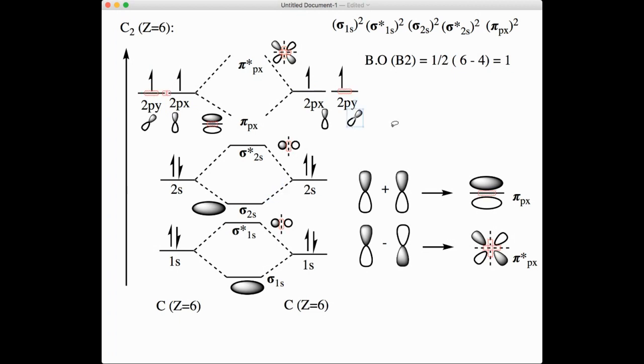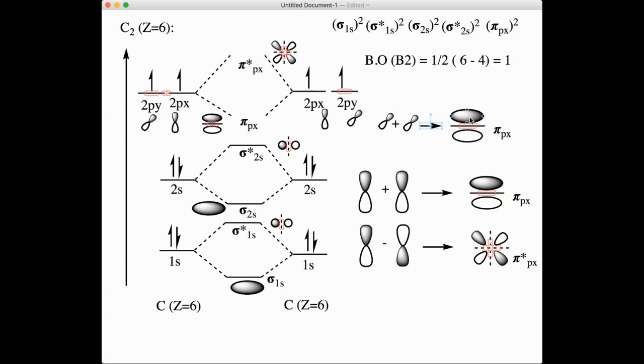Clearly, guys, combining in phase, once again, two p orbitals in phase, that's going to lead to a bonding molecular orbital. And this bonding molecular orbital is going to be also a pi bonding looking exactly like this, just 90 degrees from the one that we had before. So I'm going to show now a more accurate picture of this.